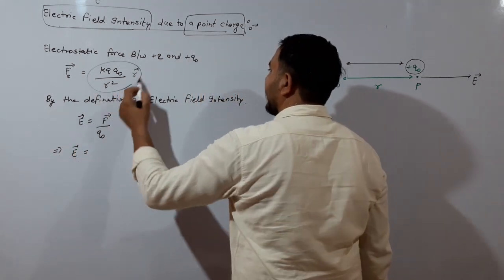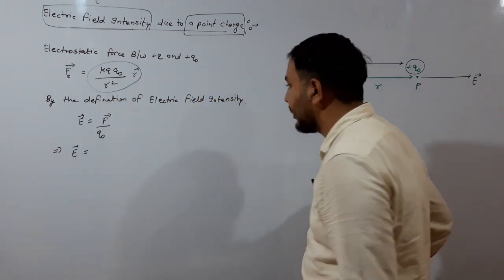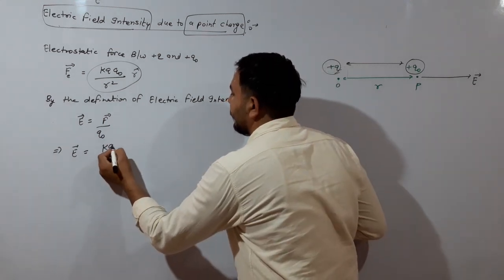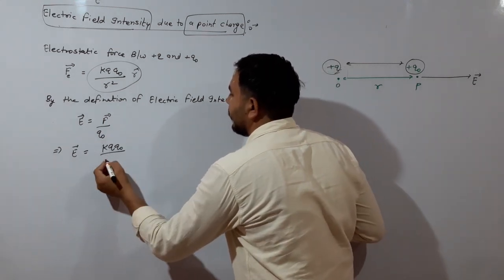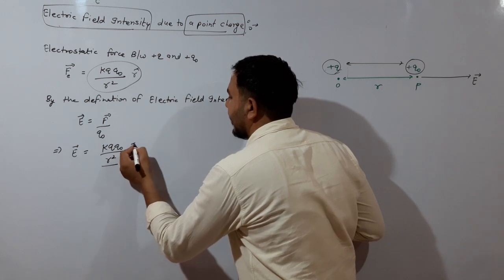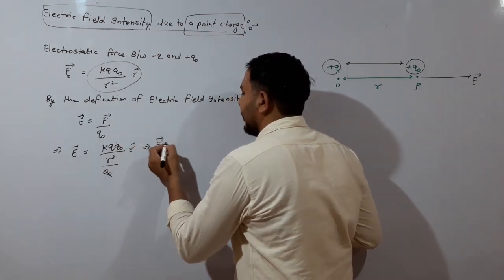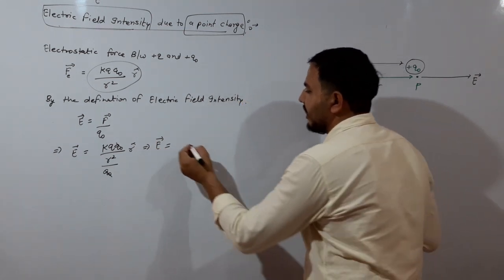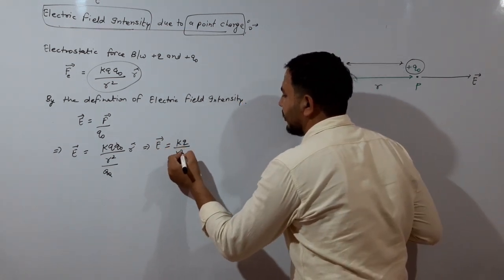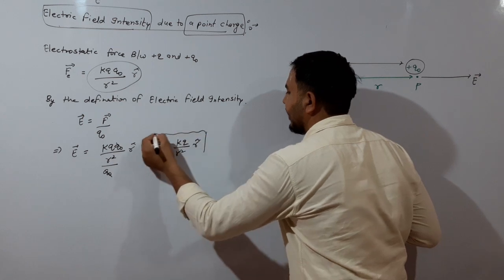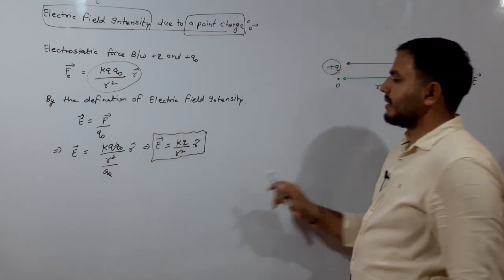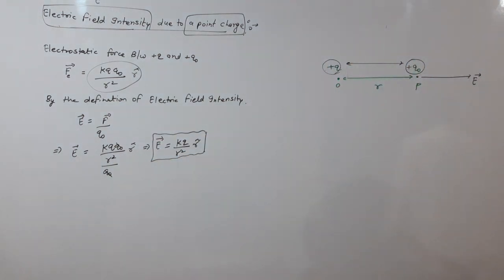Put the value of F vector here, then K Q naught upon r square r cap, divided by Q naught. Q naught cancels, and E vector is equal to KQ upon r square r cap. This is the answer of electric field intensity due to a single charge.